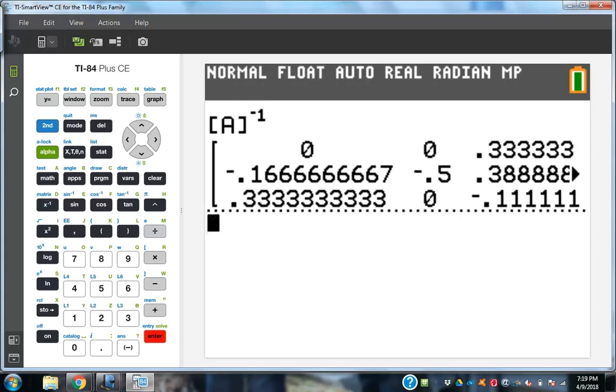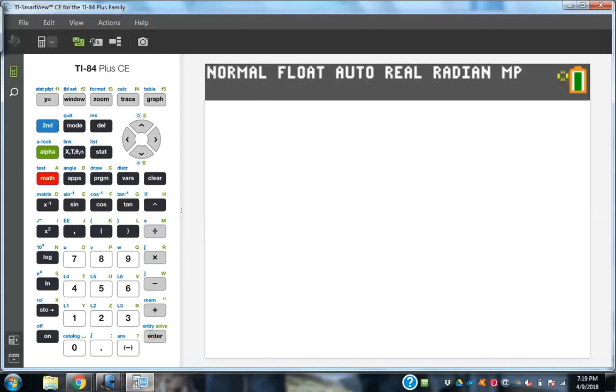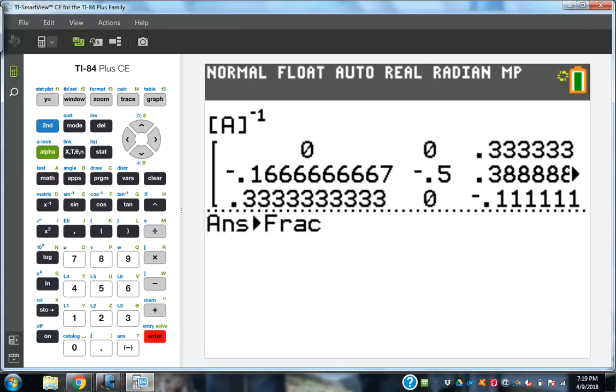Ooh, bunch of decimals. That's not pretty. Let's make it fractions. Not that that's prettier, but it's a lot better looking than those long decimals. So math, enter, enter.